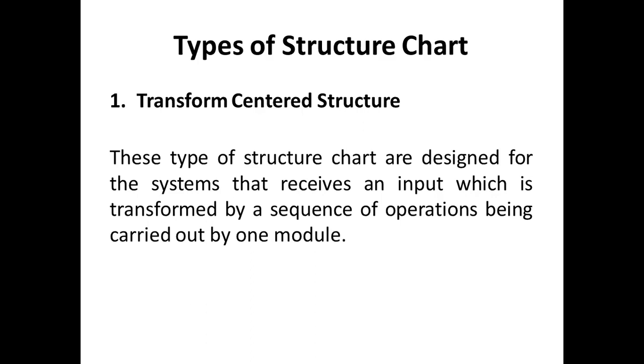What are the different types of structure chart? First is called the transform centered structure. This type of structure chart is designed for a system that receives an input which is transformed by a sequence of operations being carried out by one module.